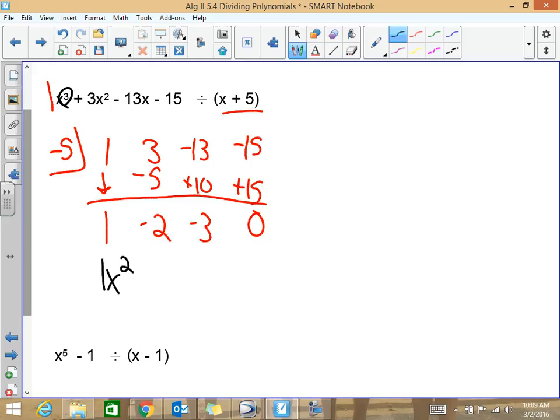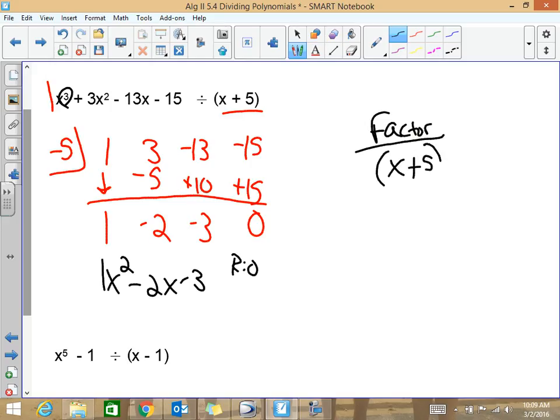We had an x to the third to start out with, so 1x squared minus 2x minus 3 with the remainder of 0. So is x plus 5 a factor? Yes, right? But how many factors, so we know x plus 5 is a factor, how many factors do we expect this equation to have? How many roots do we expect it to have? That was the bonus question on the test, right? So 3, right? So we've got 1, so we expect 2 more.